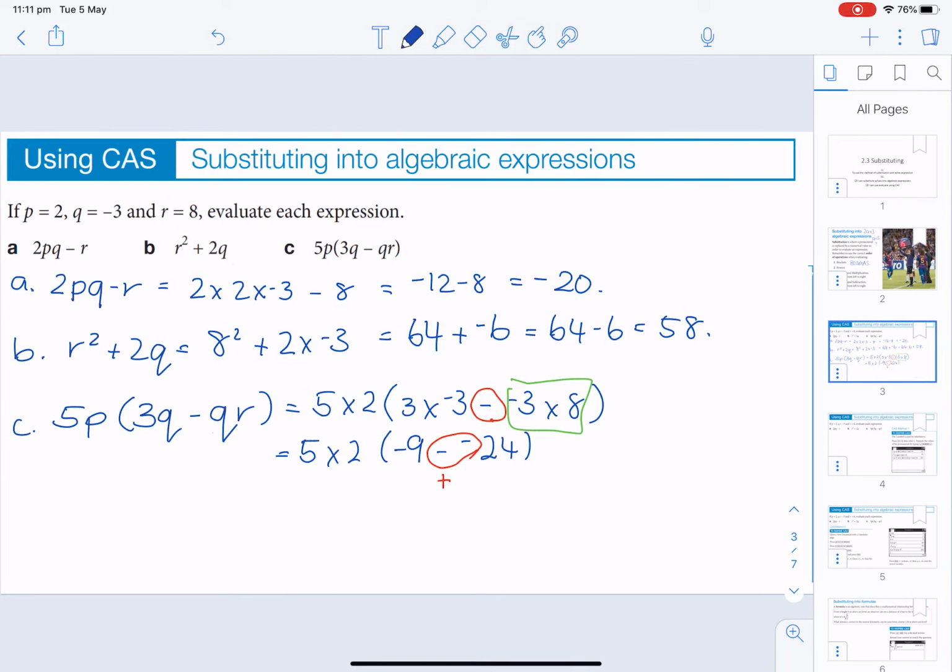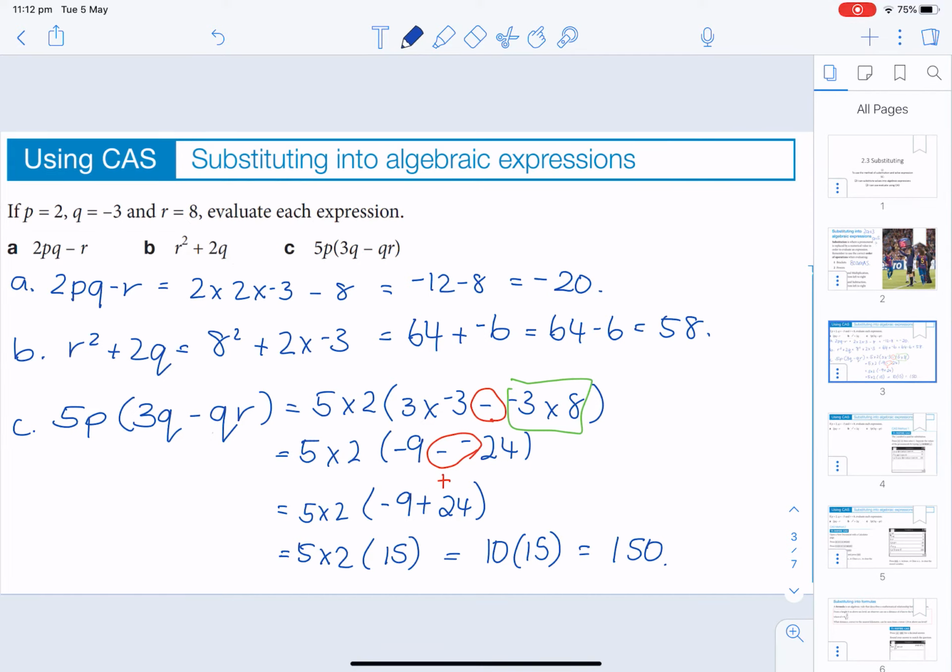So I've got -9 plus 24. And to solve that, -9 plus 24 is 15. I've found an answer for my bracket, and then I move on to my multiplication. So 5 times 2 is 10, and 10 times 15 gives me 150.